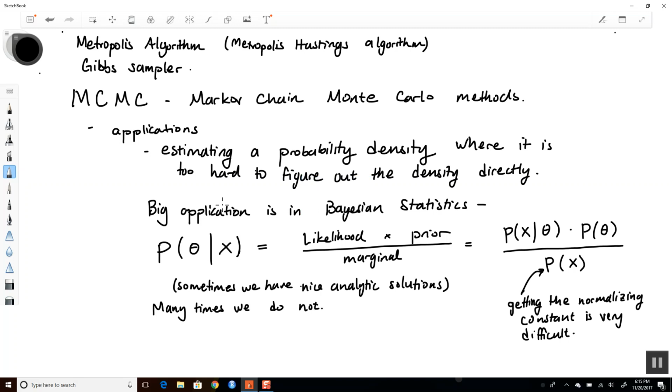Okay, and so how can we figure out what this distribution looks like, right? So what does this look like? Okay, what is its mean? What's its standard deviation? What's its shape?